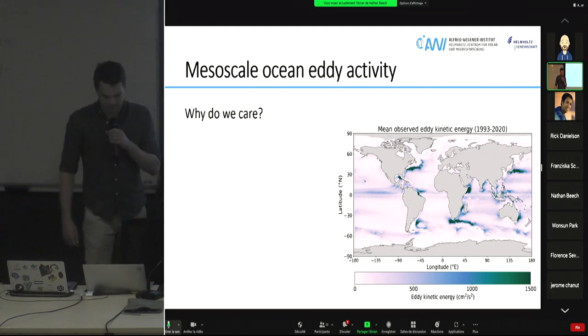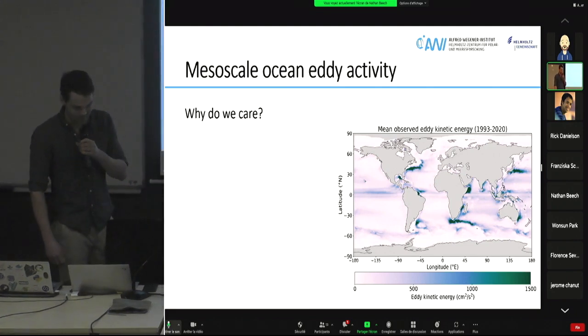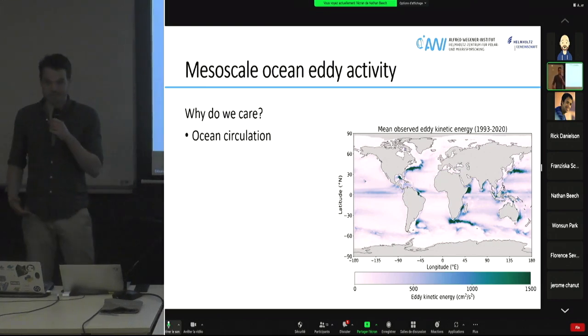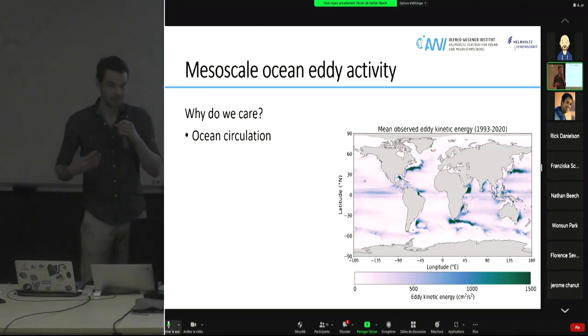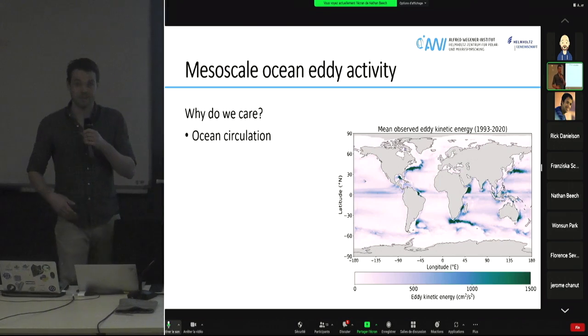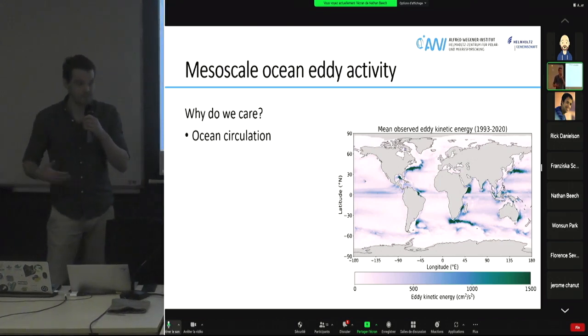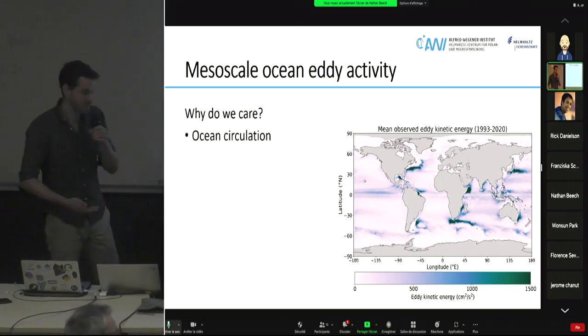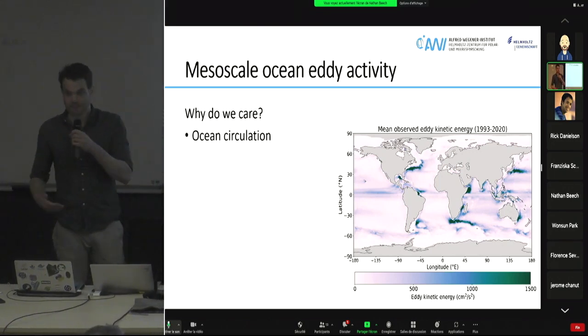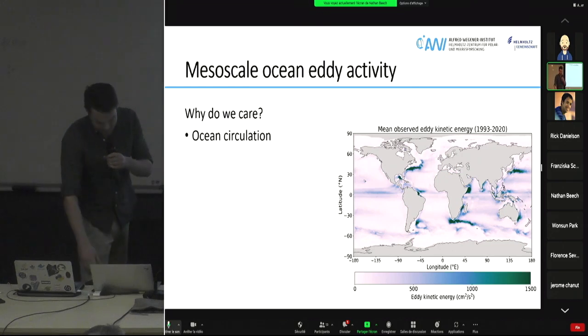Again, I won't spend too much time convincing you why we care about eddies, because this crowd probably already knows. Eddies don't just appear where the mean flow of the ocean dictates that they should; for example, we can't effectively simulate Gulf Stream separation without eddies resolved. So eddies themselves can have an impact on ocean circulation.